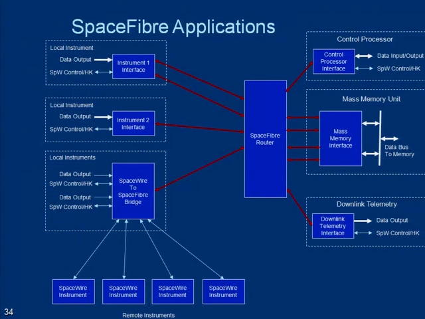The mass memory can send information to the downlink telemetry. We can read housekeeping information from all of these pieces of equipment over that one network. If you want to send time information, you can just broadcast the time over the network. If an instrument has an error, it can just broadcast an error code, and the control computer or some other network manager will be able to detect and handle that.